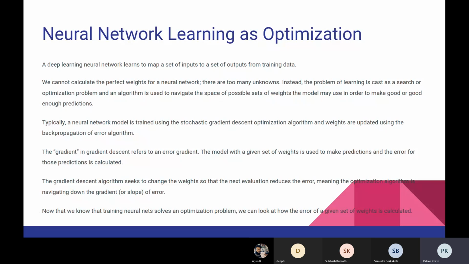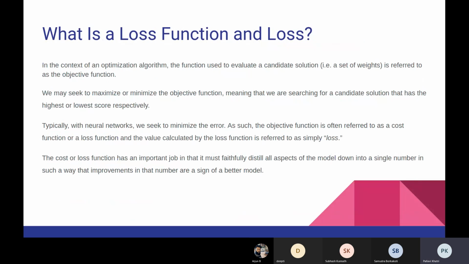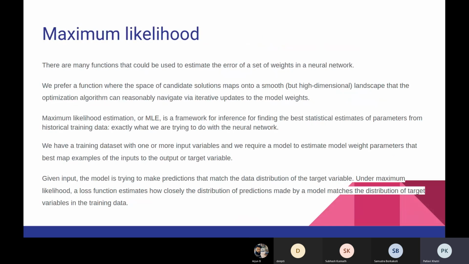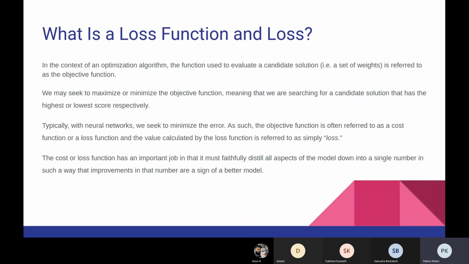Now that we know that training neural networks solves an optimization problem, we can look at how the error of a given set of weights is calculated. We now know how the neural network is trained, and what algorithm is used to give the optimum solution.